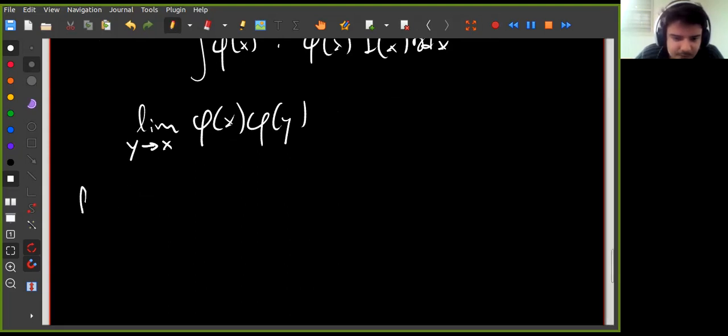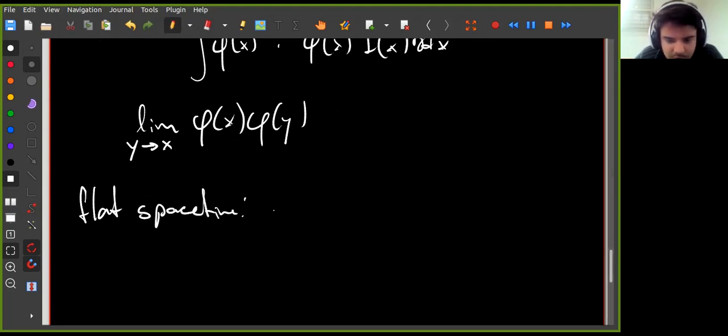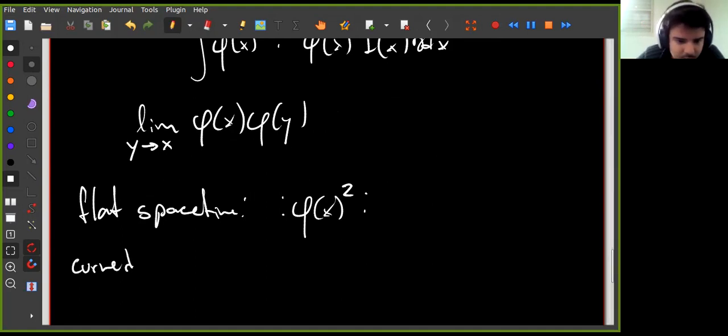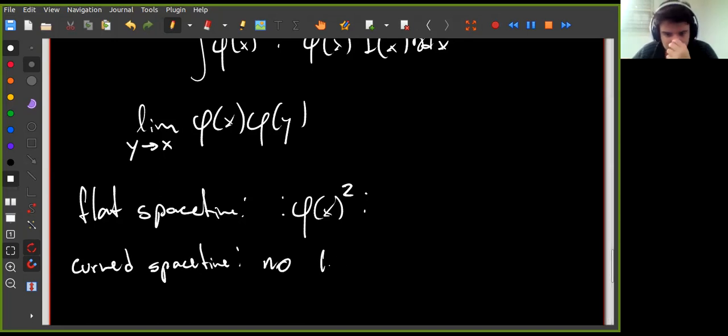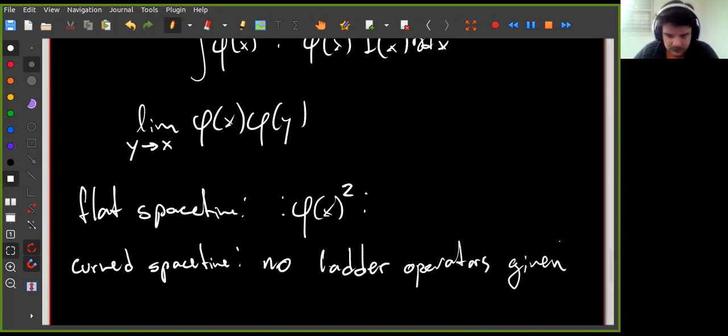Typically, in flat spacetime, what you do is to just normal order the expression. So you just move the annihilation operators to one side, the creation operators to the other side, and at the end of the day, you get a normalized expression that you can work with. However, in curved spacetime, we don't have ladder operators in principle, given for free.